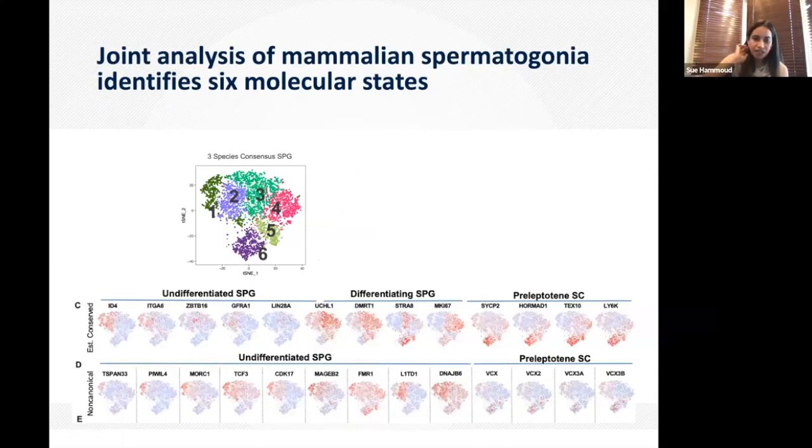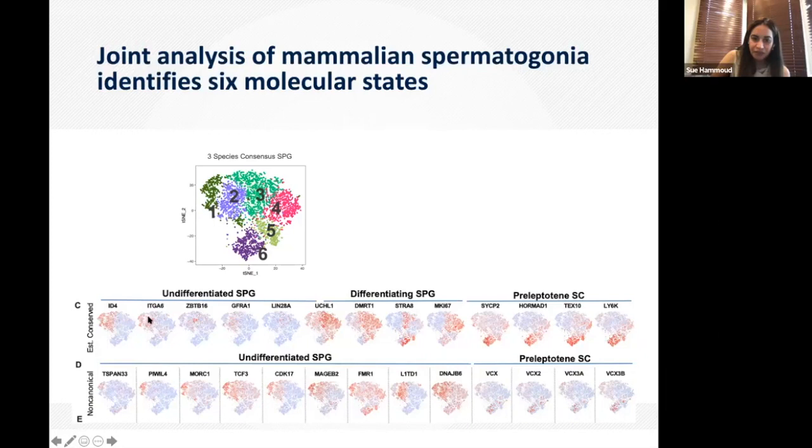And so what you're seeing here is a consensus clustering of the spermatogonia from the three different species. We identified 6 different molecular clusters of spermatogonial populations, and using known markers previously identified in the field, we could annotate these 6 molecular subtypes of spermatogonia.